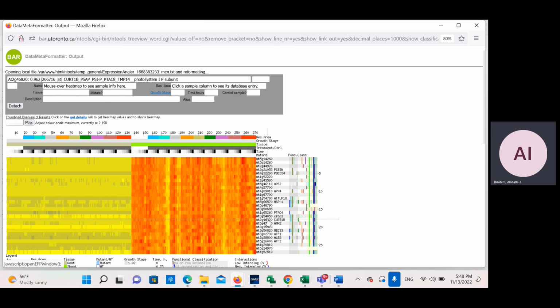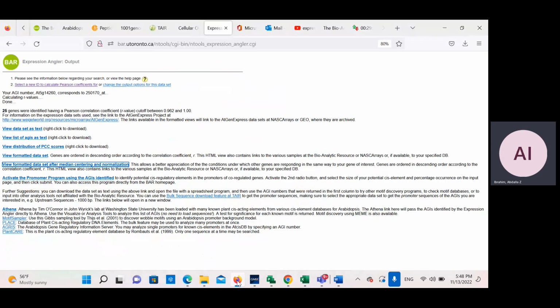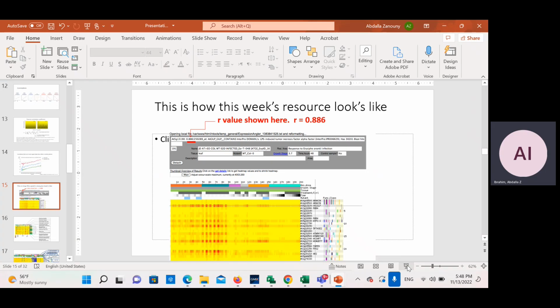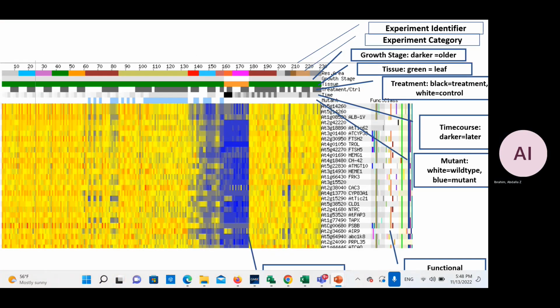This one too, it says PERT1B, but then it says photosystem. It also has to do with photosynthesis. Okay, so just do a little bit of digging and look at these genes and see if you can find something useful. So this is an example of one of the genes.